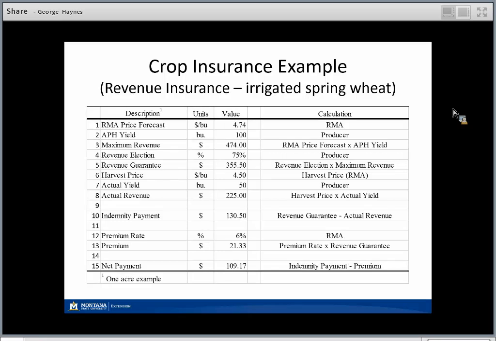So insurance, you buy it so you can share the risk with somebody else. The best scenario is if you have that $474 and not have to take any indemnity. That's always the best. You don't want to have disasters, but to purchase insurance, there is a cost attached to that.